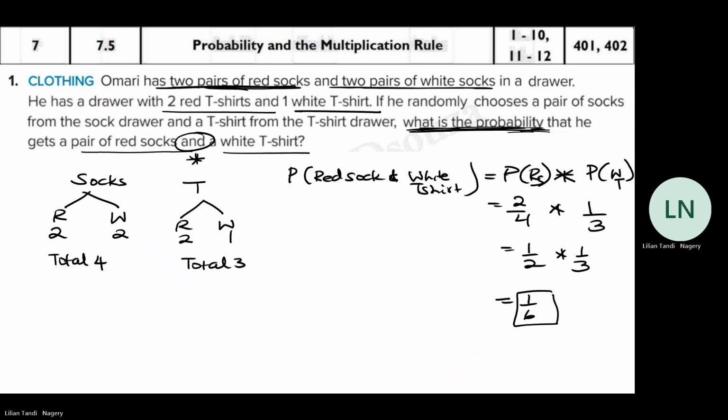Okay? Now, if you change this to decimal, I think you should get 0.166. Let me see, 1 divided by 6. Then you round to the nearest hundredth.